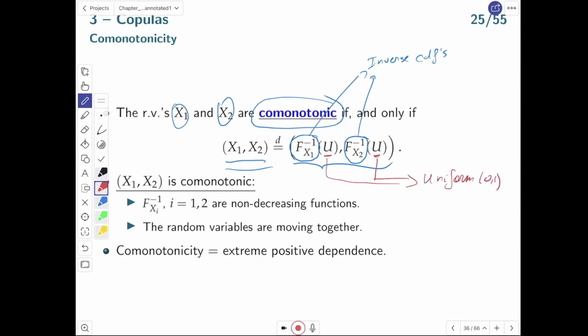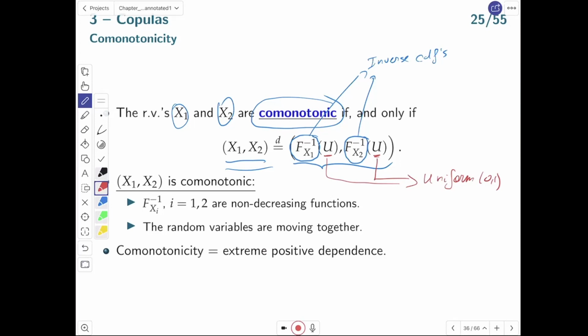Right? So in a comonotonic situation, if the vector (X1, X2) is comonotonic, although you have two random variables involved, they are driven by the same random source. The U, the uniform distribution that we have here, is determining what X1 will be and what X2 will be.